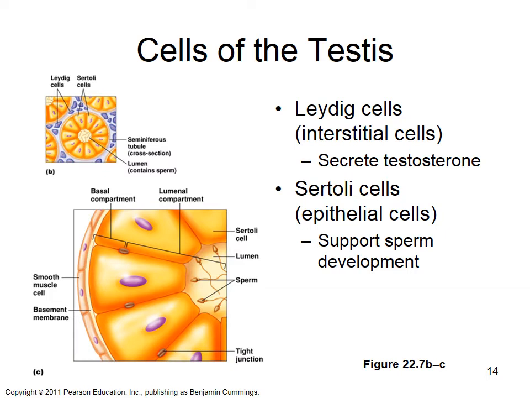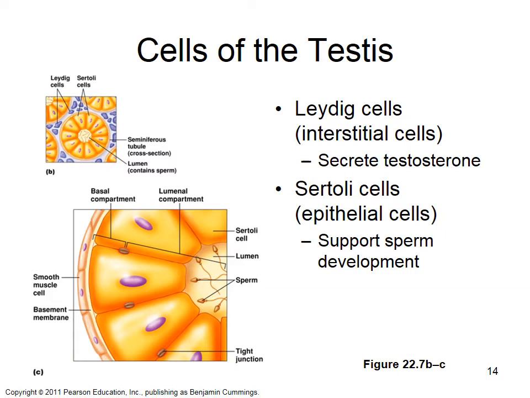Okay, the Leydig cells, also known as interstitial cells, secrete testosterone. Okay. They are responsive to the luteinizing hormone, which is secreted from your anterior pituitary. Okay, so luteinizing hormone secretion tells those Leydig cells to produce testosterone.